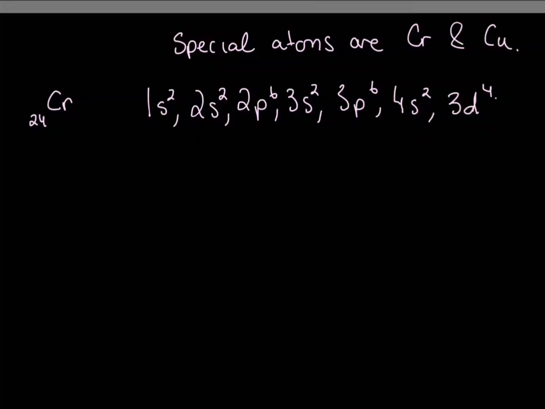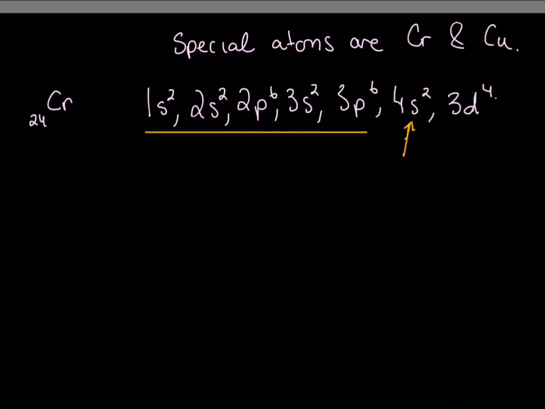What actually happens is that you see how this fella and all of the previous ones are completely full to the brim. So that means they're really stable. Okay, all of the sublevel is completely full of electrons. There's no partially filled sublevels at all.